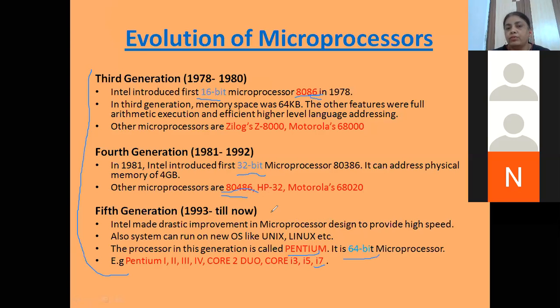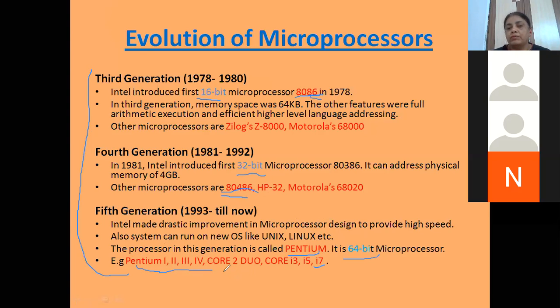After 80486, the next was 80586, which we are calling Pentium. So Pentium 1, Pentium 2, Pentium 3, Pentium 4. These are versions with some new facilities, like more speed and more processing power.